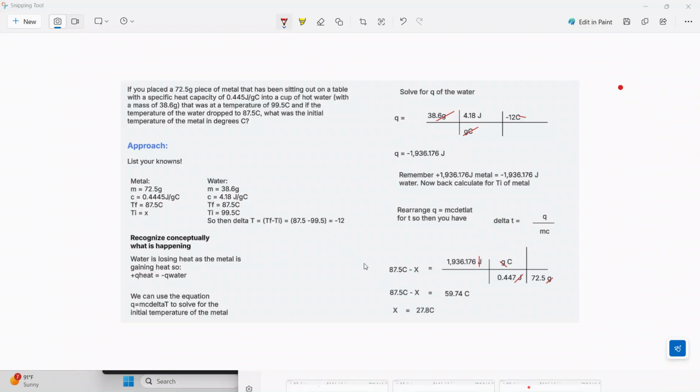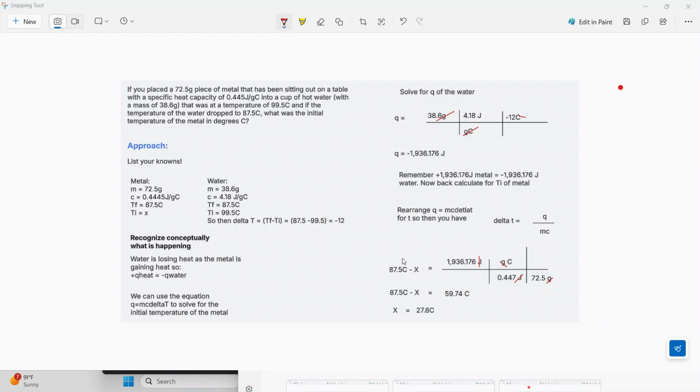So now we can plug everything in to this equation to solve for the initial temperature. So let's back calculate. Rearrange Q is equal to mc delta T for delta T. So you have delta T is equal to Q over mass times the specific heat.